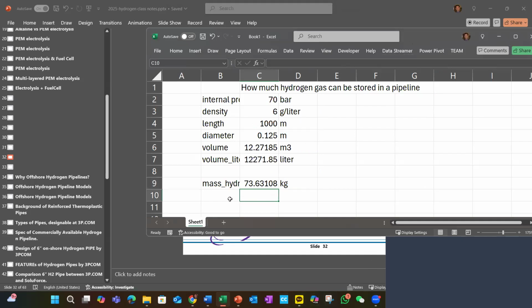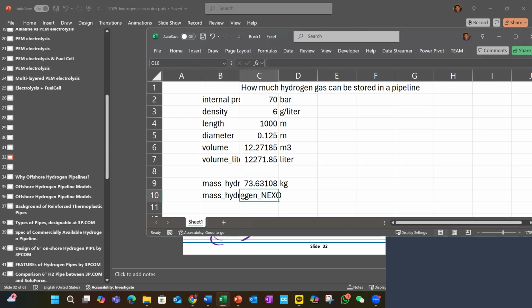So I just want to give you an idea. How much hydrogen gas is needed for one fuel cell vehicle, the Hyundai Nexo?